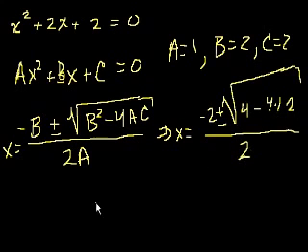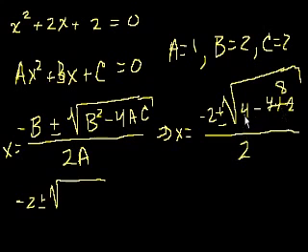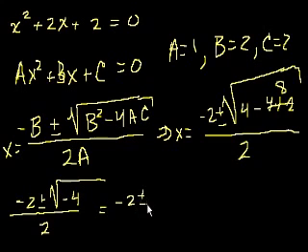So that equals, let's see, we get minus 2 plus or minus the square root of 4 minus, this is 8, right? 4 times 1 times 2. 4 minus 8, which is minus 4, all of that over 2, which is equal to minus 2 plus or minus.